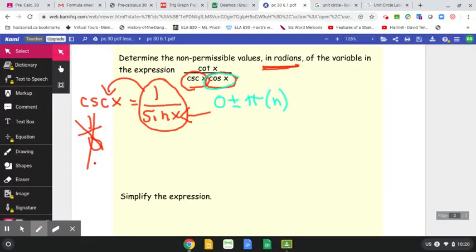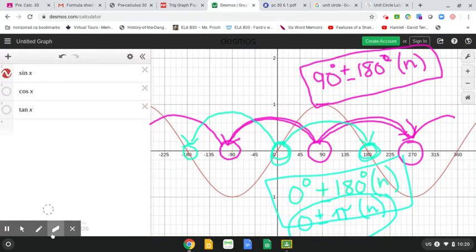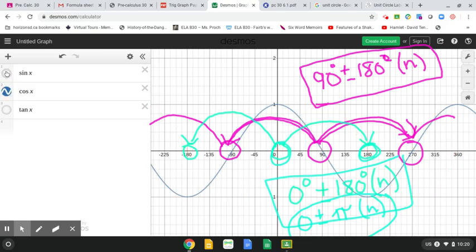Let's look at cos x. When will cos x equal 0? We also did this one before. Back here we go. Cos x was my purple, or magenta, right? It was right there.